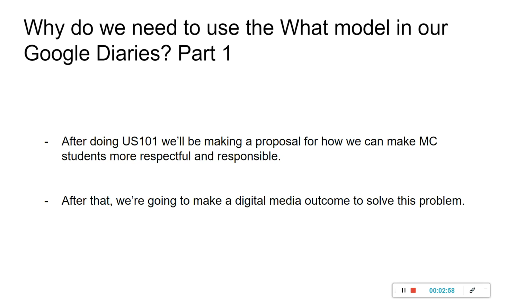You could put this poster up in the classroom or in the hallway to give students your understanding of how they could be respectful and responsible, and hopefully that would solve the problem. Maybe you could come up with a scratch game or a video telling students how to be respectful and responsible.